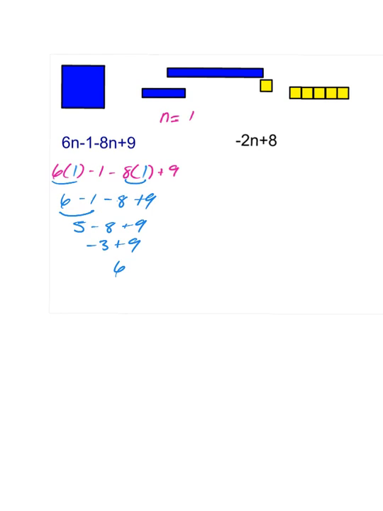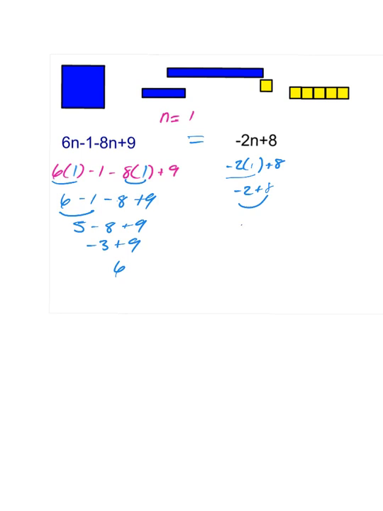And then we said that these two were equivalent, that negative 2n plus 8 is equivalent to 6n minus 1 minus 8n plus 9. So we're going to plug that in. Negative 2 times 1 plus 8. Negative 2 times 1 is negative 2, plus 8.